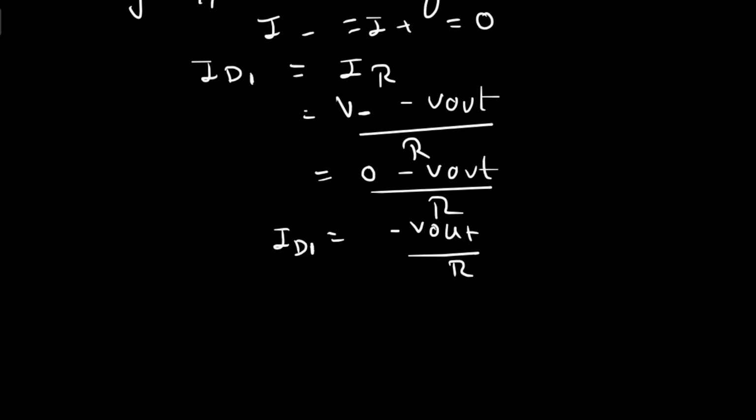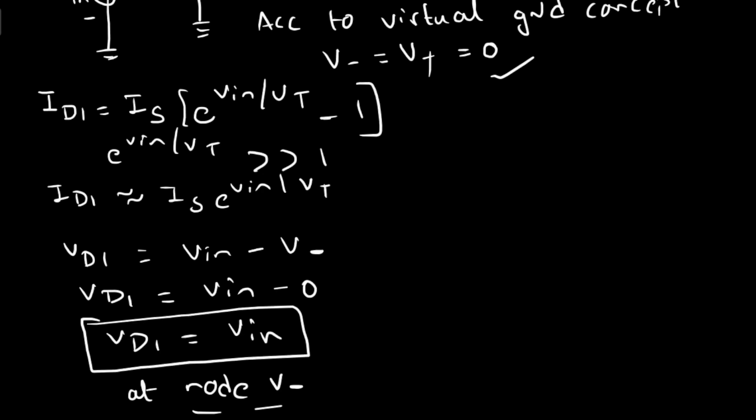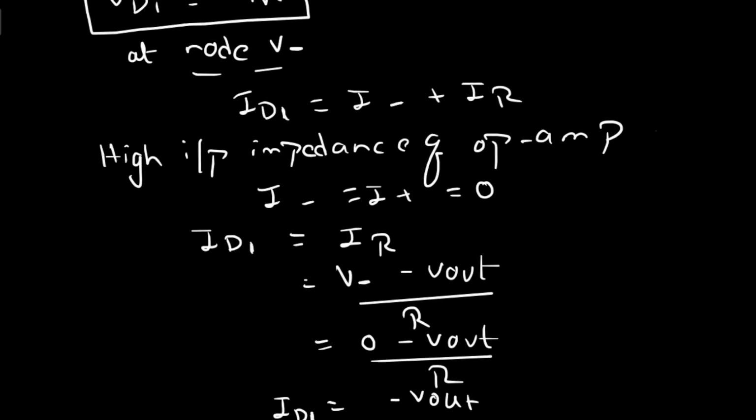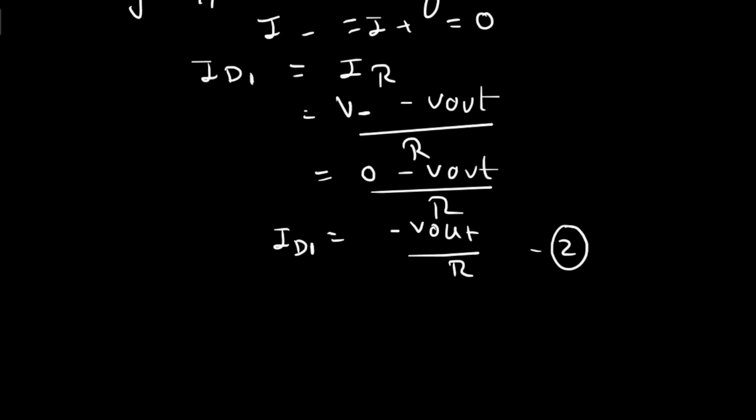Okay, now you have to substitute this ID1 here. Okay, so let us assume this is equation 1 and this is equation 2. Now equate equation 1 and 2. Why? Because both are representing same ID1.